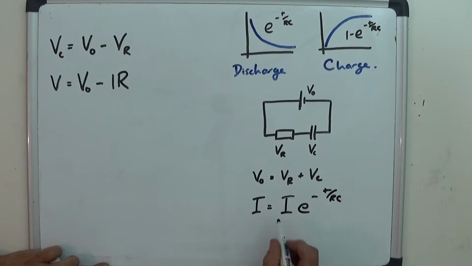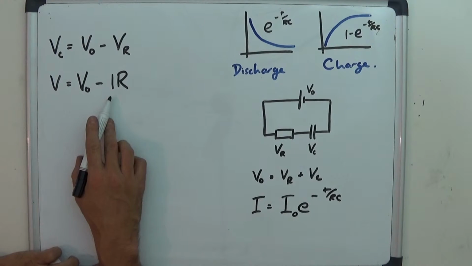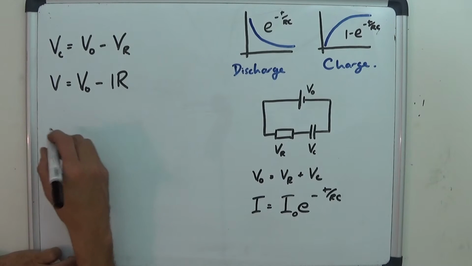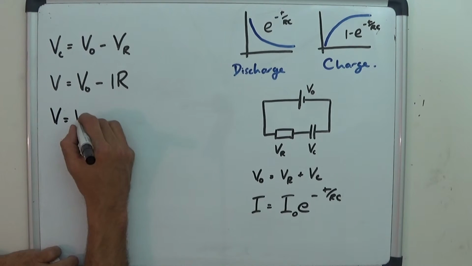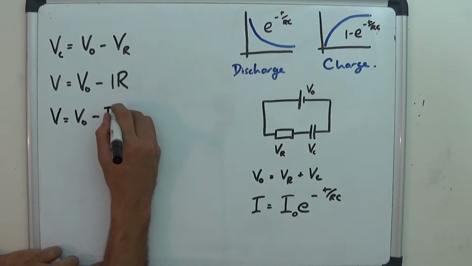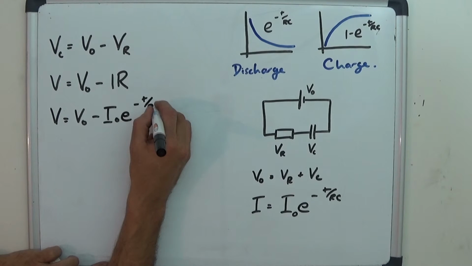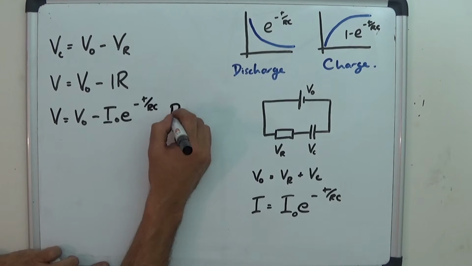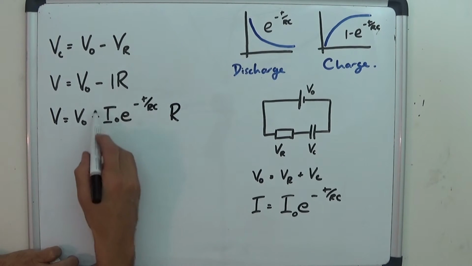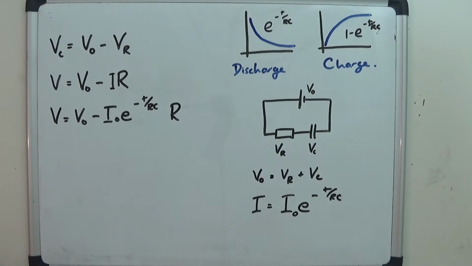So I can sub this in for the current at any point in the cycle. So I'm going to say V equals V0 minus I0 e to the minus t over RC, all times R, because I'm just substituting this in for the I here. Okay, that's true at any stage in the cycle.